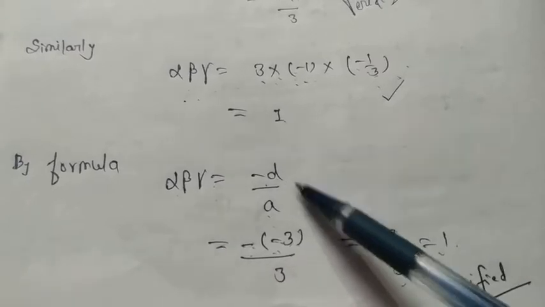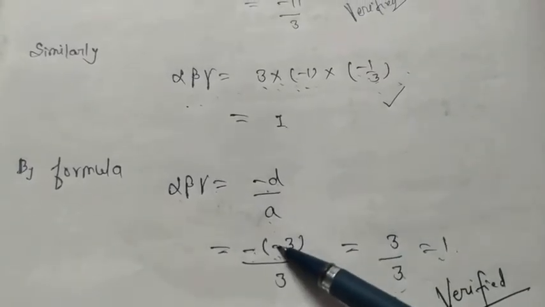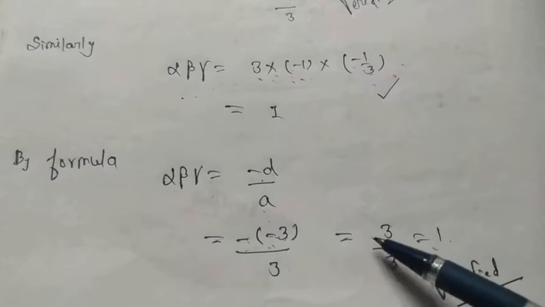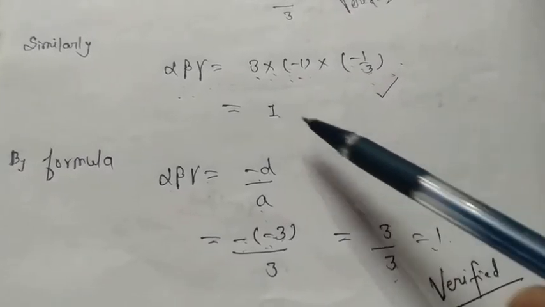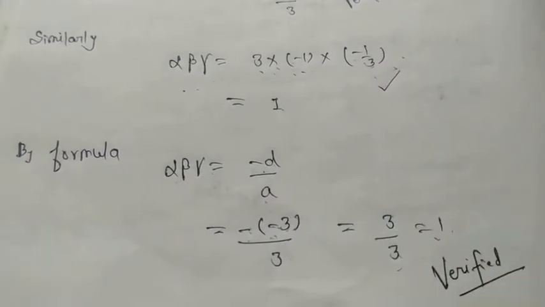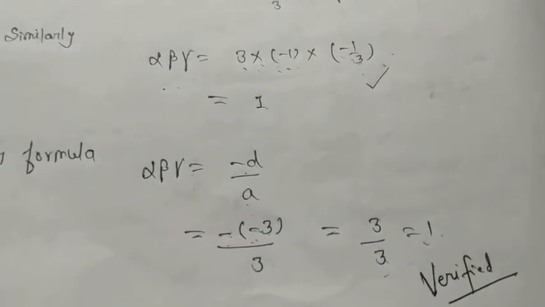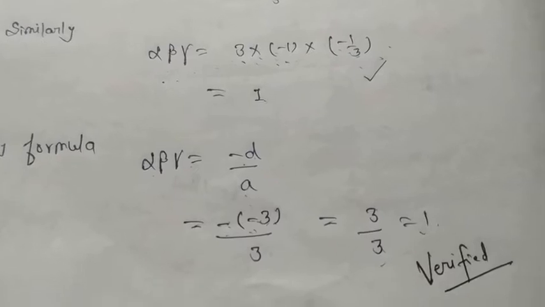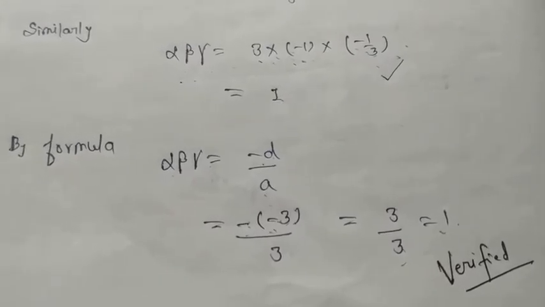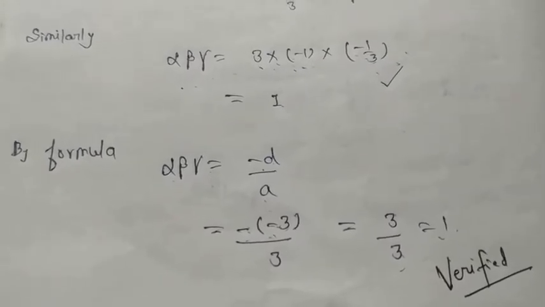The value of d is minus 3. So minus minus will become plus, and 3 by 3 will become 1. So you can see this formula is also verified. So in this way we can say the relationship between the zeros and the coefficients of the polynomial has been verified. So this type of question can be solved by this method.